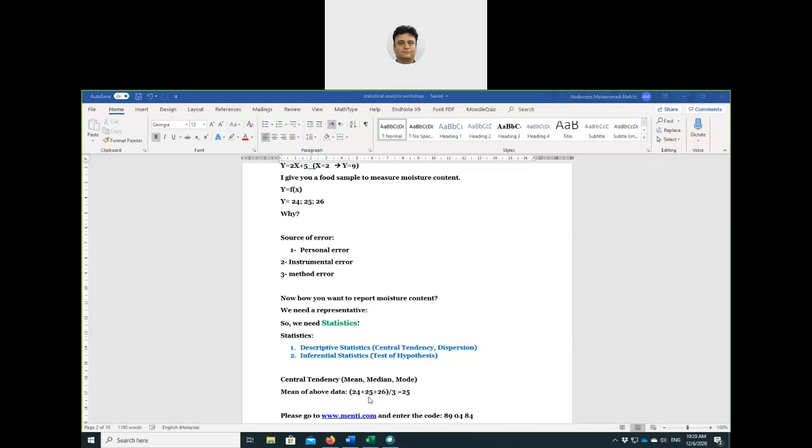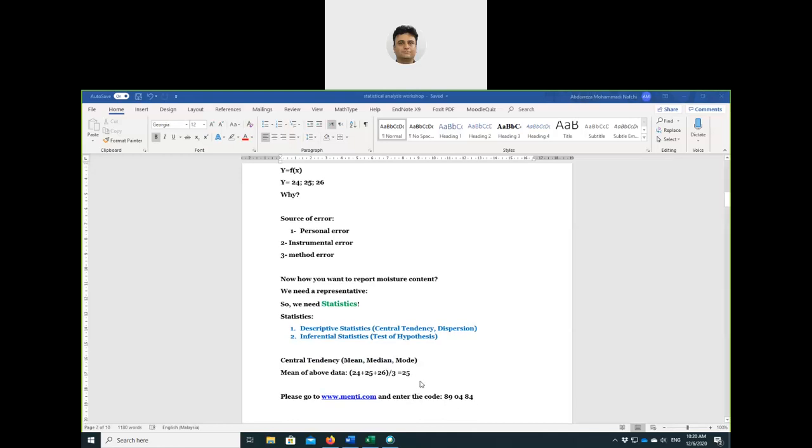The 24, 25, 26, we sum up and then divide by the number, and it equals 25. So we report the mean of this data, 25%, as the representative for the moisture content.